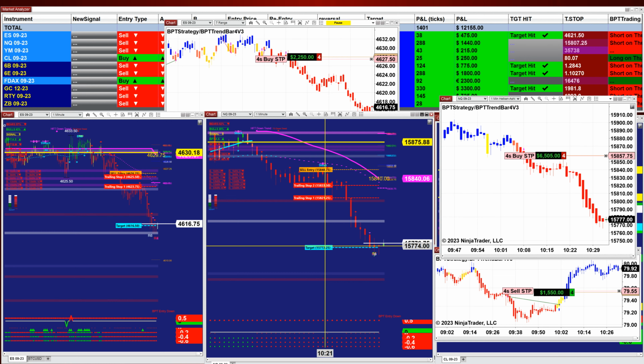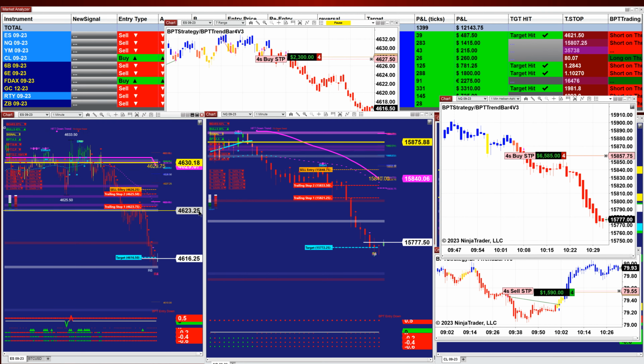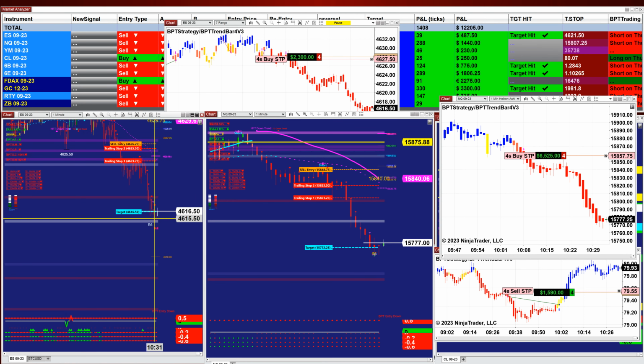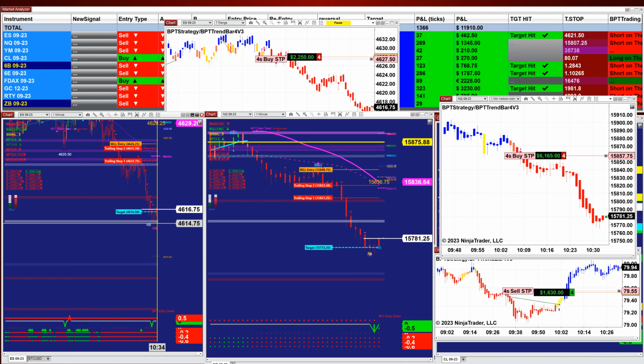Now, why is this Nasdaq stopping? Look at the ES. The ES came into the support area and fired a couple of reversals, indicating be careful in here. Are we out of the short? No. We're not out of the short. This is just a pullback.